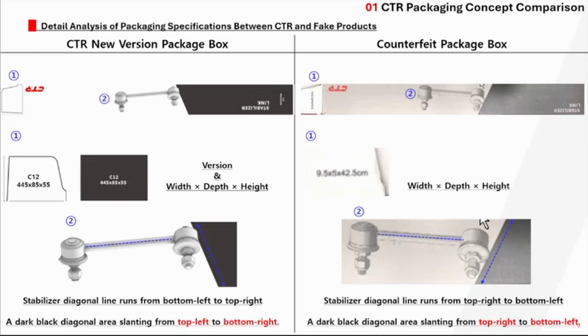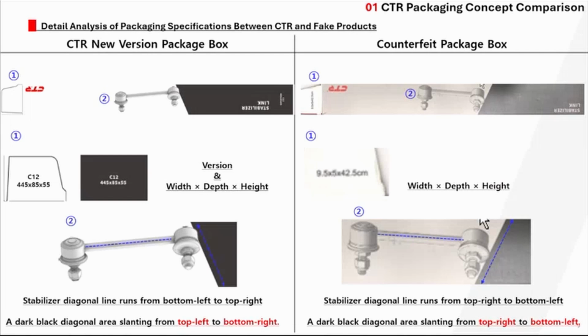Second, observe the black diagonal design at the bottom of the side panel. On the genuine package, the black diagonal area runs from bottom left to top right, giving the box a clean, consistent look.